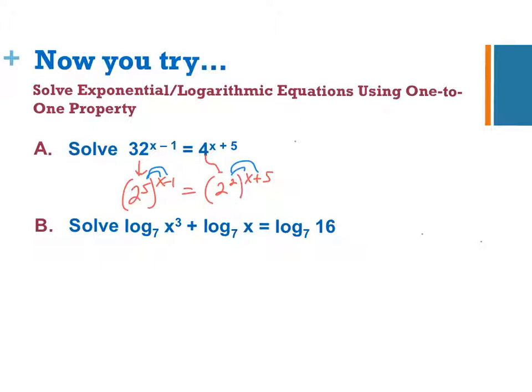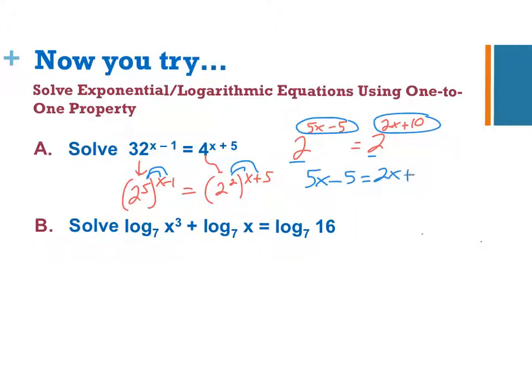When we do that, I get 2 to the 5x minus 5 power equals 2 to the 2x plus 10 power. Since they're the same base, I can use a one-to-one property and set the exponents equal to each other. So I have 5x minus 5 equals 2x plus 10, and so I believe you should get an answer of x equals 5 in the end.